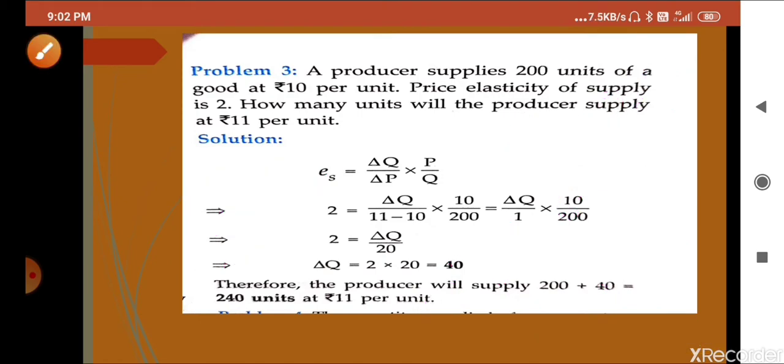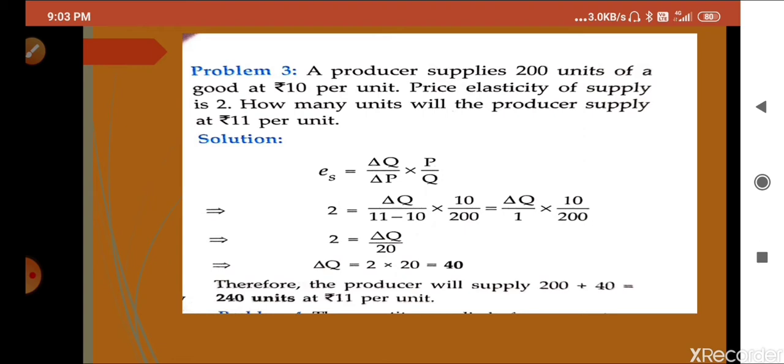So delta Q upon delta P, that is 11 minus 10, and P is 10 and Q is 200. By solving this one we are getting delta Q is equal to 2 into 20, which is 40. So at rupees 11, 240 units will be supplied in the market.